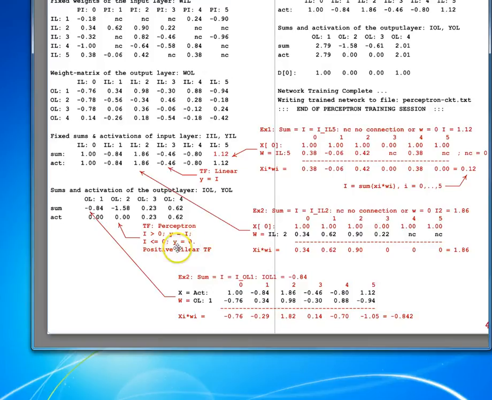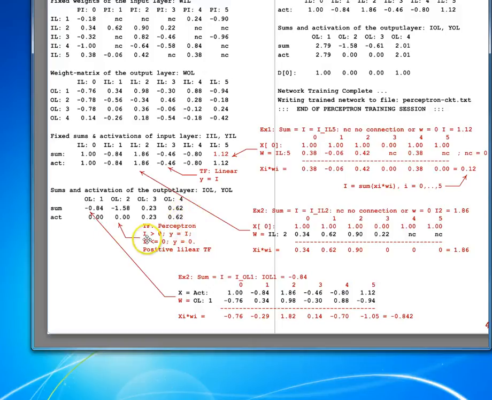That means it's a unipolar continuous, also called positive linear transfer function. Now you would see that in this case I is less than 0, therefore y is going to be 0. For I greater than 0, here is 0.62, which is greater than 0, therefore y equal to I, that is 0.62.